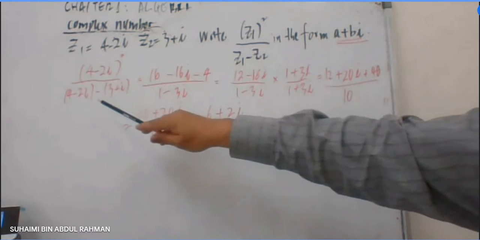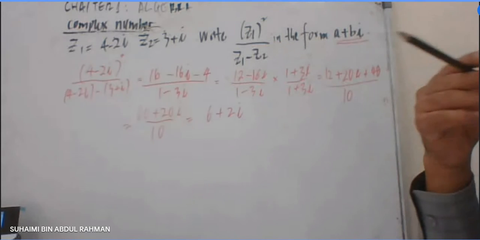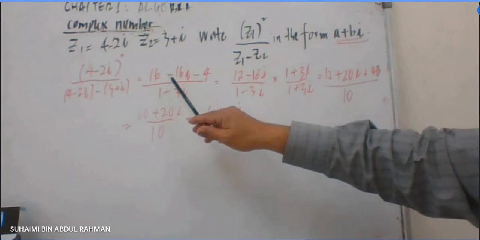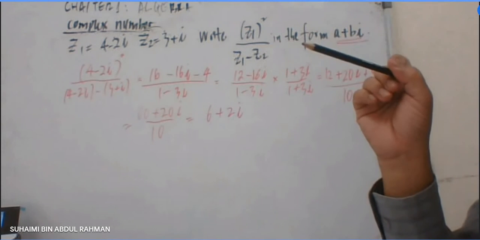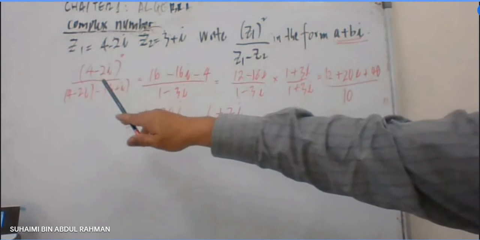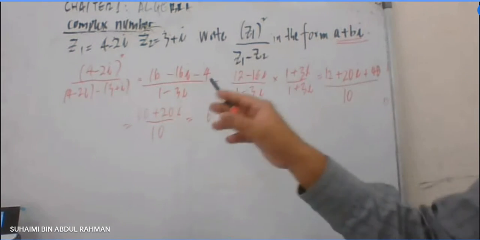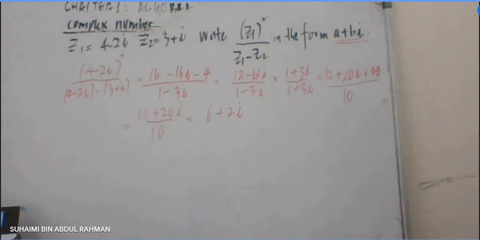Z1 is 4 minus 2i and Z2 is 3 plus i. 16 minus 16i after we expand. The expansions are 16 minus 16i minus 4. We divide by 1 minus 3i.